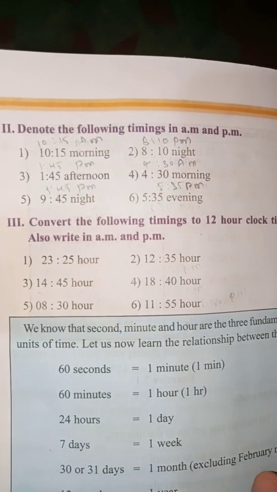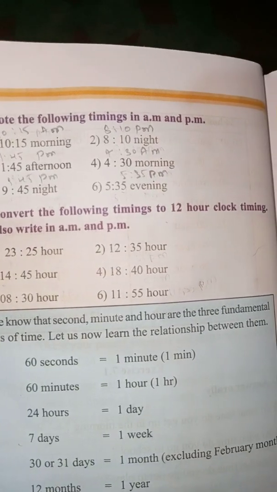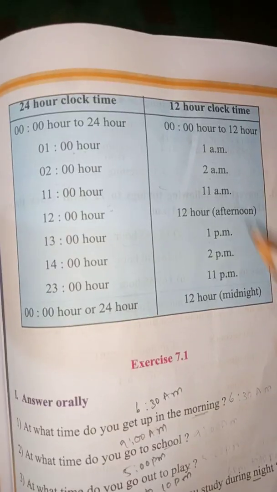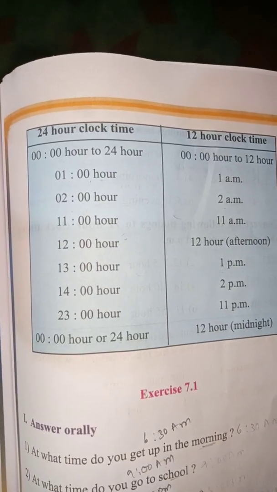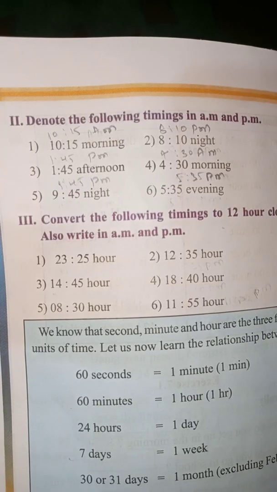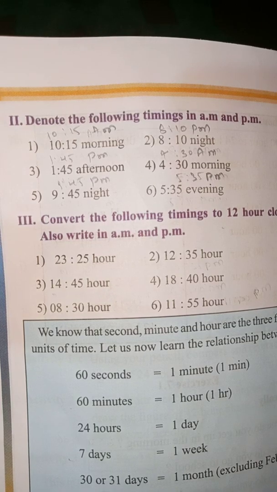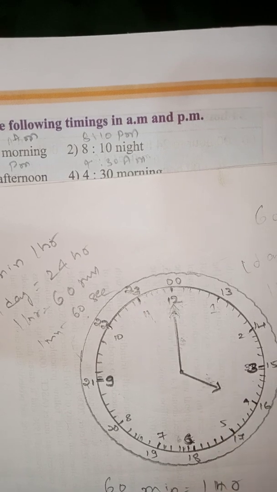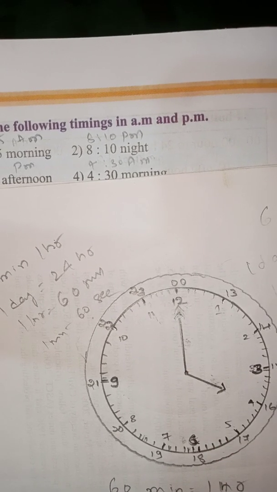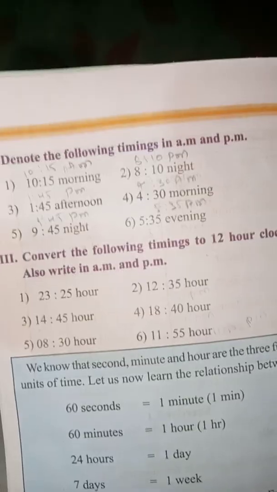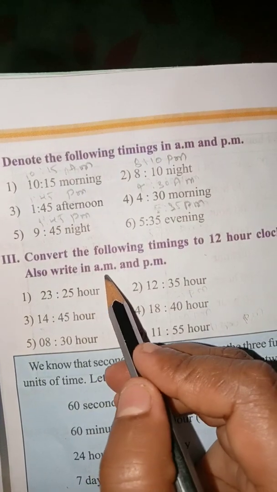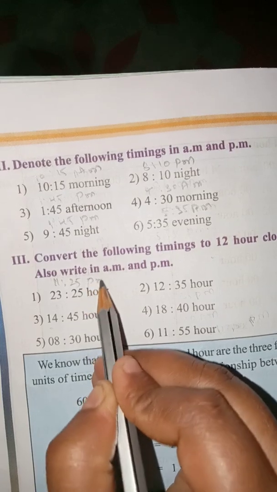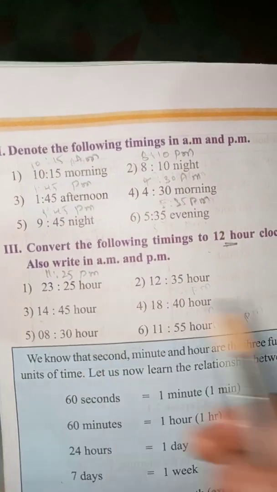Next, convert the following timings to 12-hour clock timings and also write AM or PM. First question, 23:25 hours. Look at this clock. 23 is 11, so in 12-hour timing it is 11:25 PM.